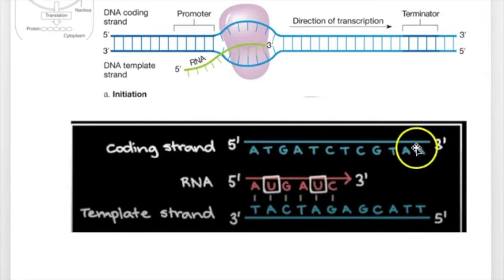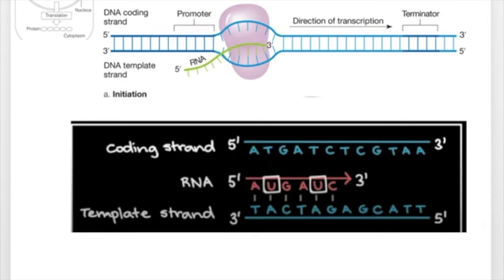Because remember, they're complementary, right? They're anti-parallel and complementary. So if we look at what mRNA is producing, it's producing a strand that almost identically matches the complementary strand of DNA, right? The difference is that there's a uracil instead of a thymine.